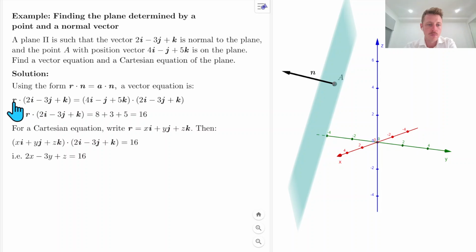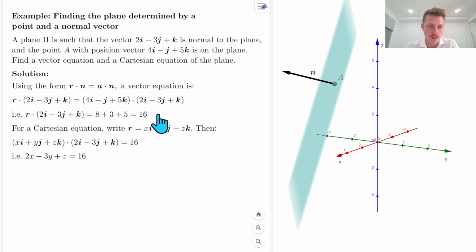So the vector equation form would be this: r dotted with 2i minus 3j plus k equals 4i minus j plus 5k, which is the position vector, dotted with 2i minus 3j plus k, which again is the normal vector. Taking the dot product between these, the right-hand side is 4 times 2, which is 8, negative 1 times negative 3 is 3, and 5 times 1 is 5.